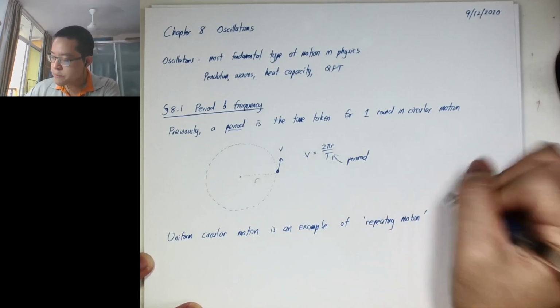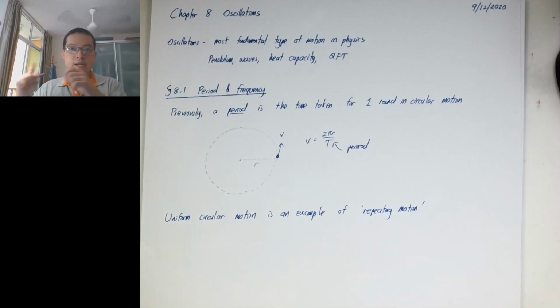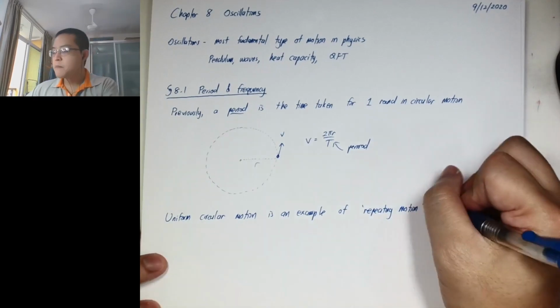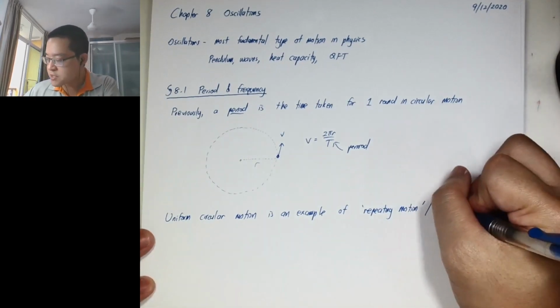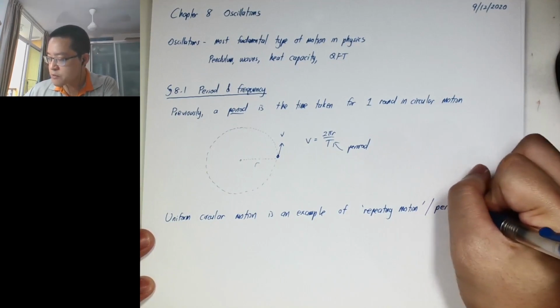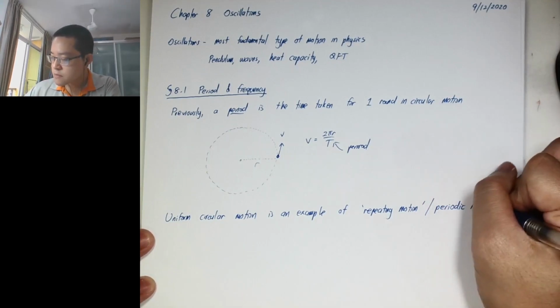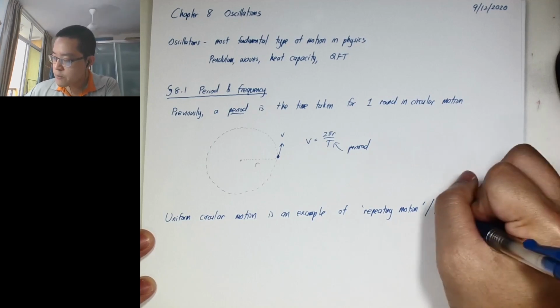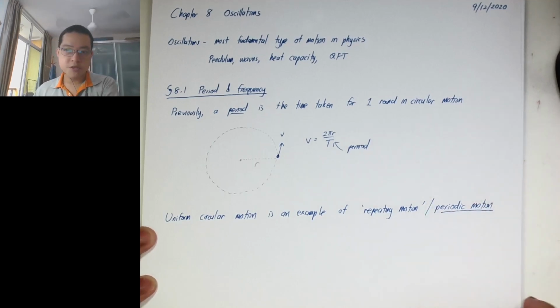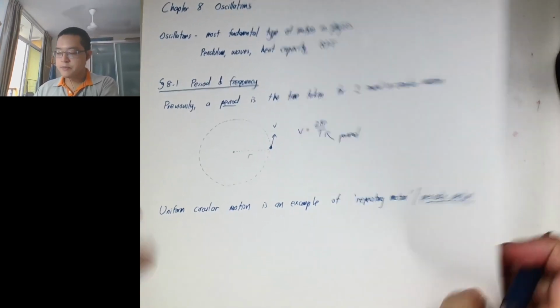A repeating motion, to make it more clear, is something that repeats over and over again, but the more official terminology is periodic motion. So today we are studying periodic motion. What is a periodic motion?